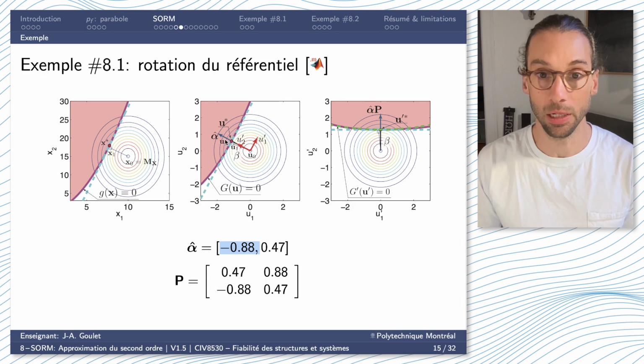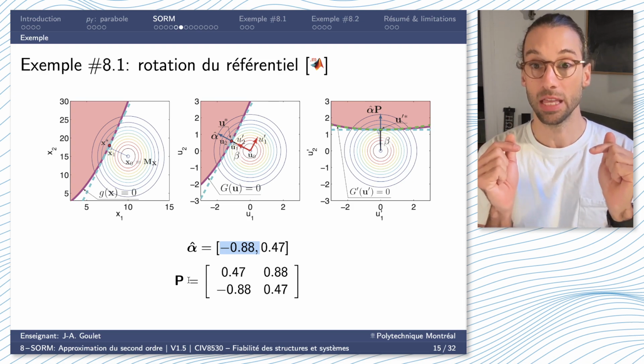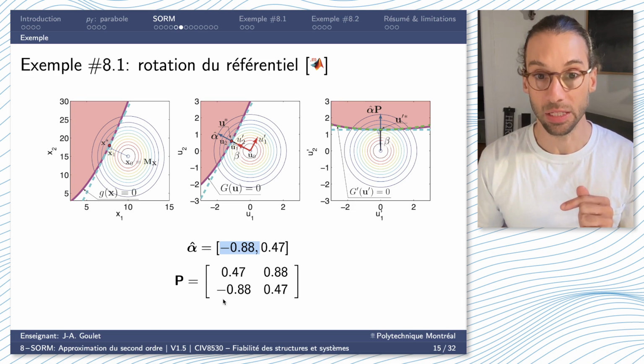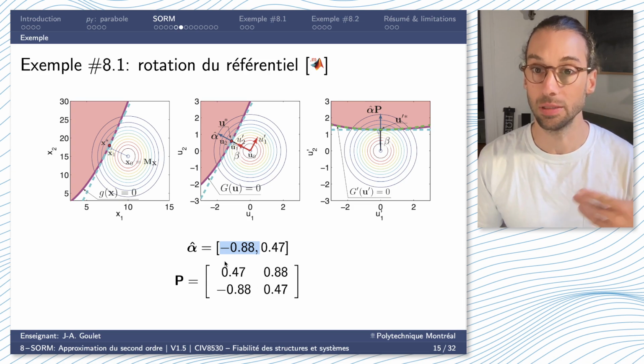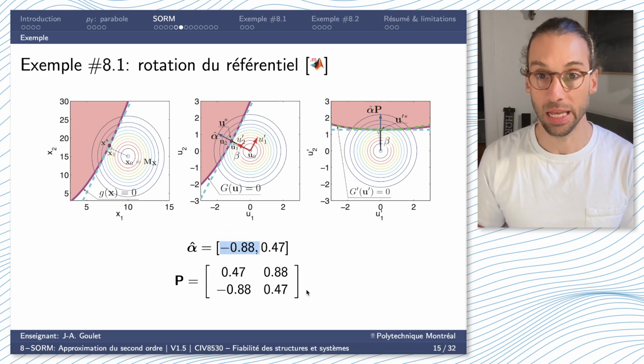This is that little blue vector. Then for my rotation matrix P, we said that the last row of that transformation matrix is going to be alpha hat, and we can see here it's minus 0.88, 0.47. Perfect. I found this using the Gram-Schmidt algorithm, which enforced that this is satisfied.